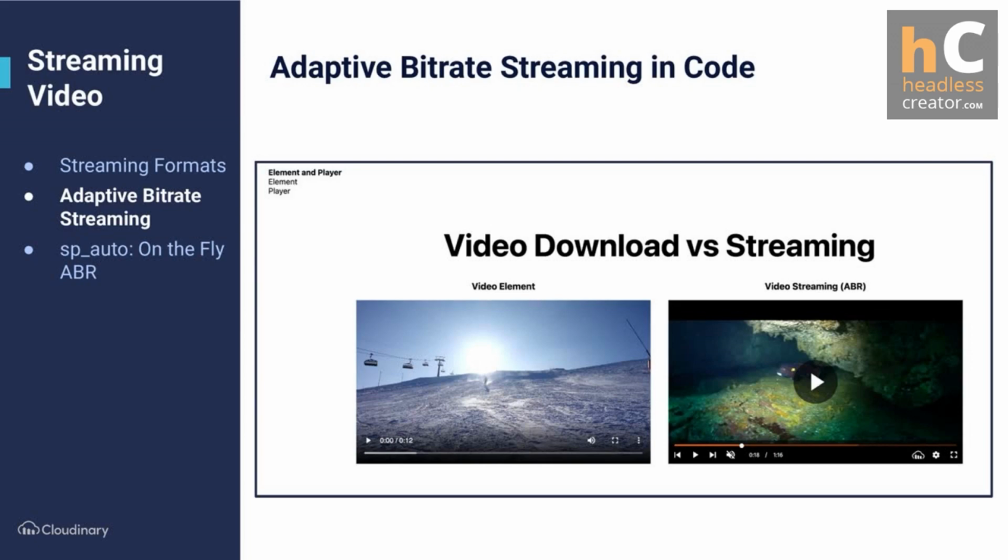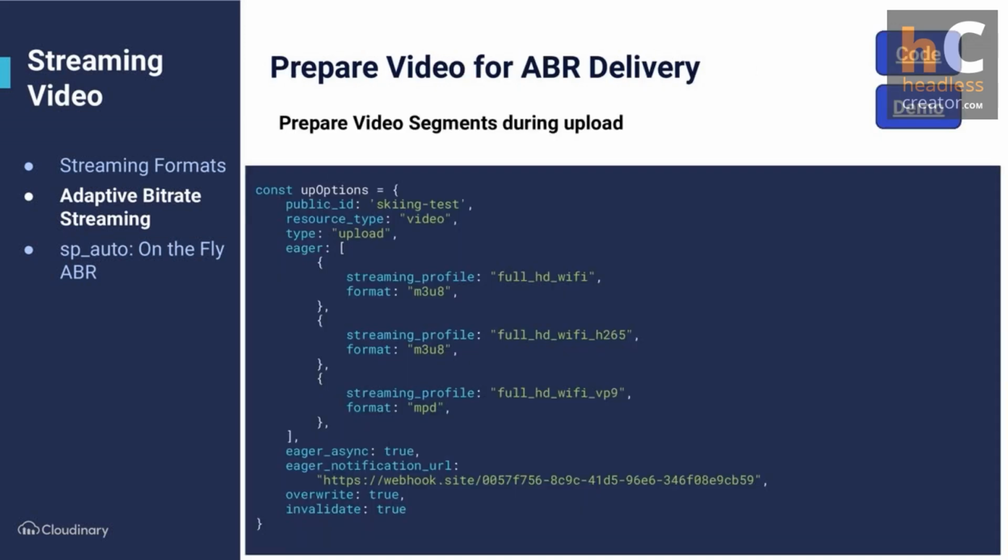But in our case, I'm just using a Cloudinary video player, which is built on video.js, but it's more optimized for working with our URL formats and our transformations. So it adds that functionality, right? So that's how we did this, right?